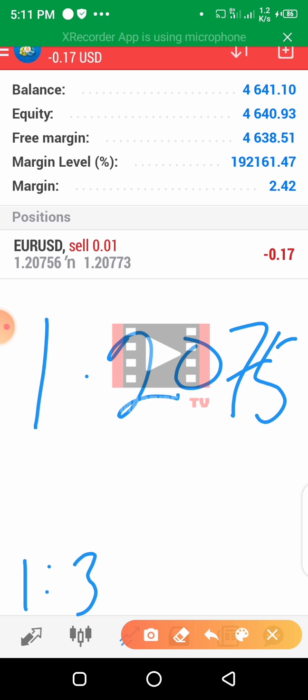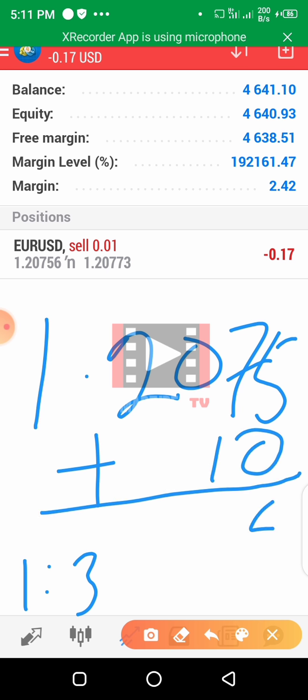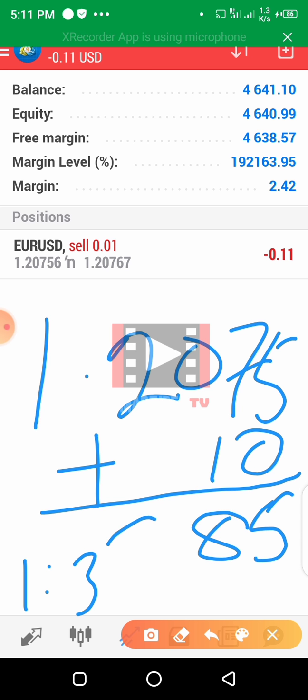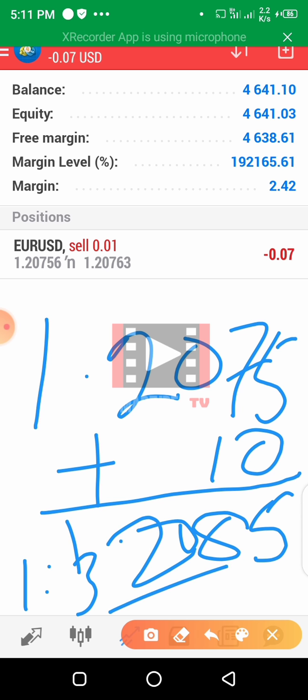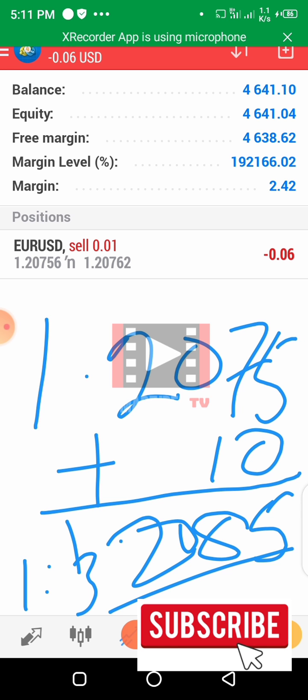The first one was minus, now it is plus 10. So your answer will be 1.2085. Normally in a sell, the take profit should be down and the stop loss should be up, but in a buy, the take profit should be up and the stop loss down.